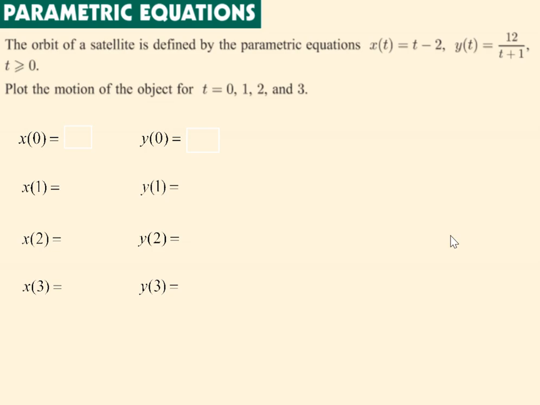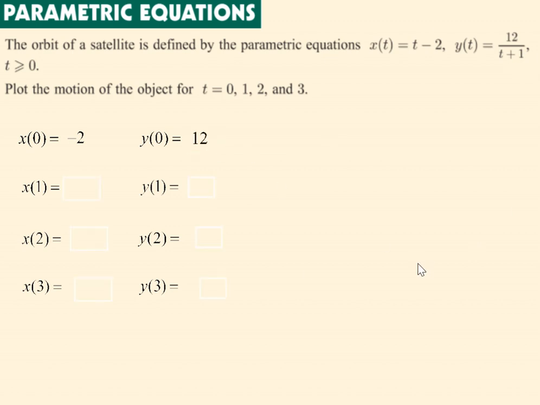Let's look at a set of equations. Here x once again is linear, but y now is not linear, so we'll see what difference we get in terms of the graph. If we were to plot the motion, once again t is 0, 1, 2, 3. If I let t equal 0, I'll end up with 0 take 2, which is negative 2, and 12 on 1, which is 12.